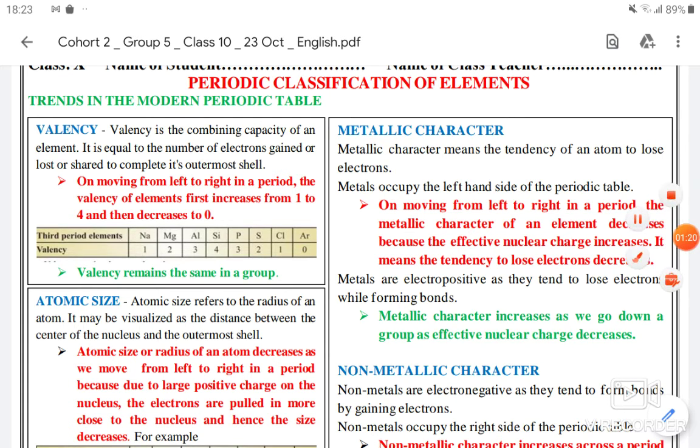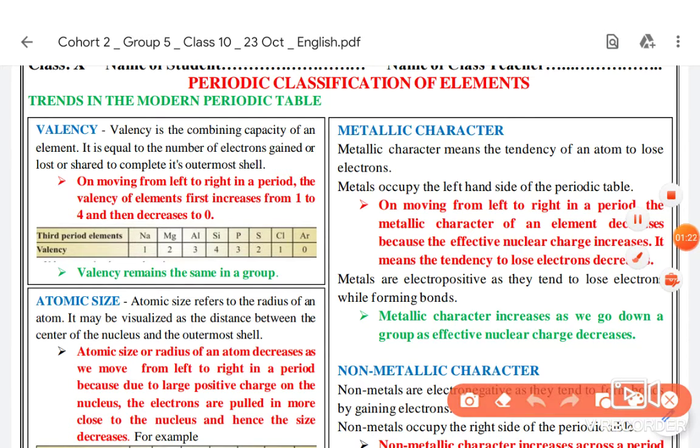So we will be seeing some properties which are based on the number of electrons and atomic numbers, and how they vary in the modern periodic table. We do not have to study individual properties; we can see a general trend and predict the properties.